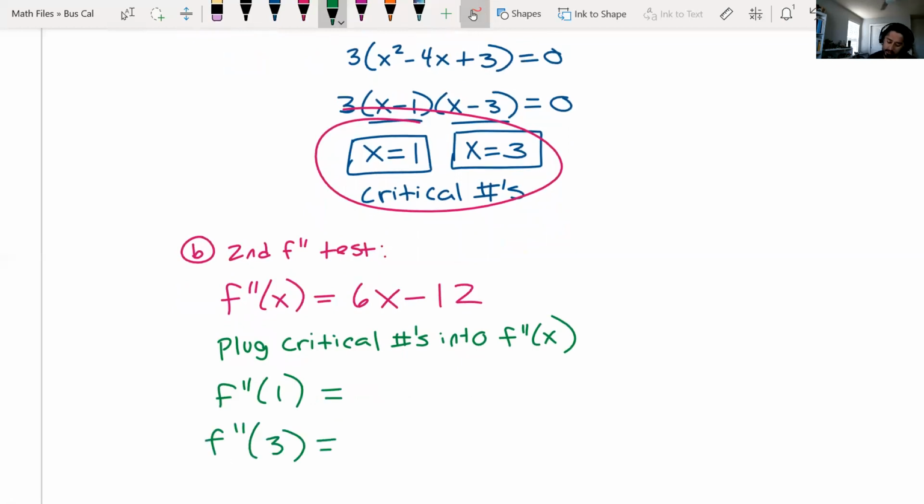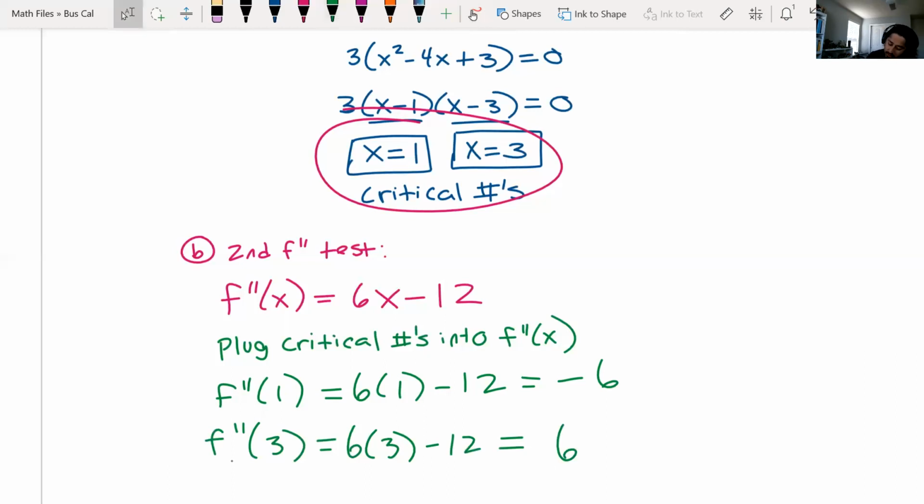All right, we don't need a calculator for this. So you get 6 times 1 minus 12. 6 minus 12 gives me negative 6. And then 6 times 3 minus 12 gives me 18 minus 12, which gives me 6.